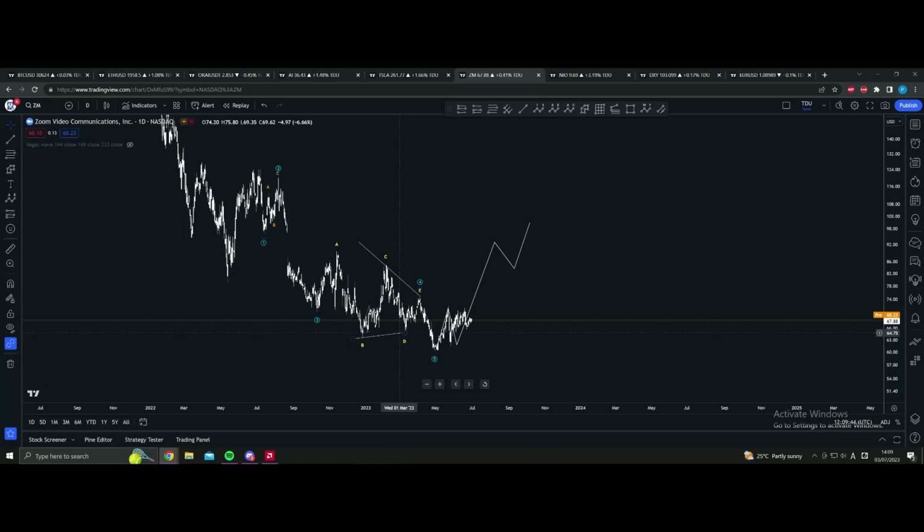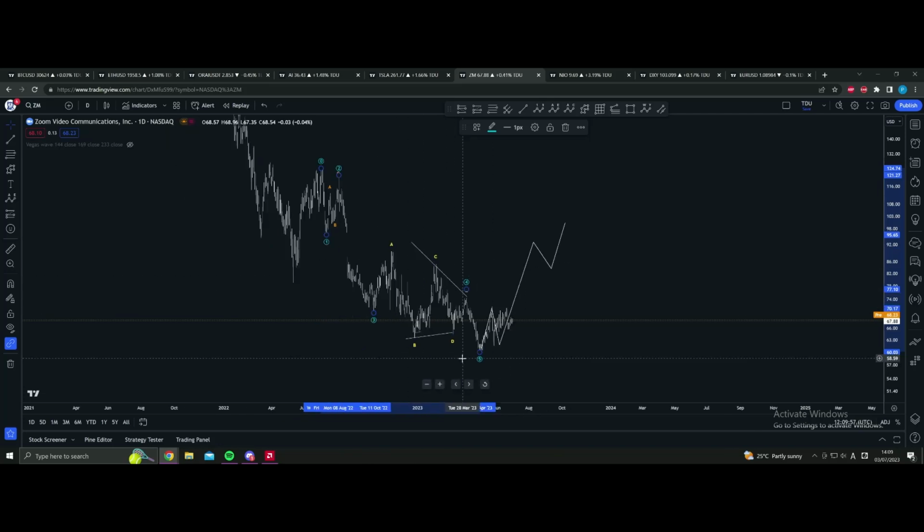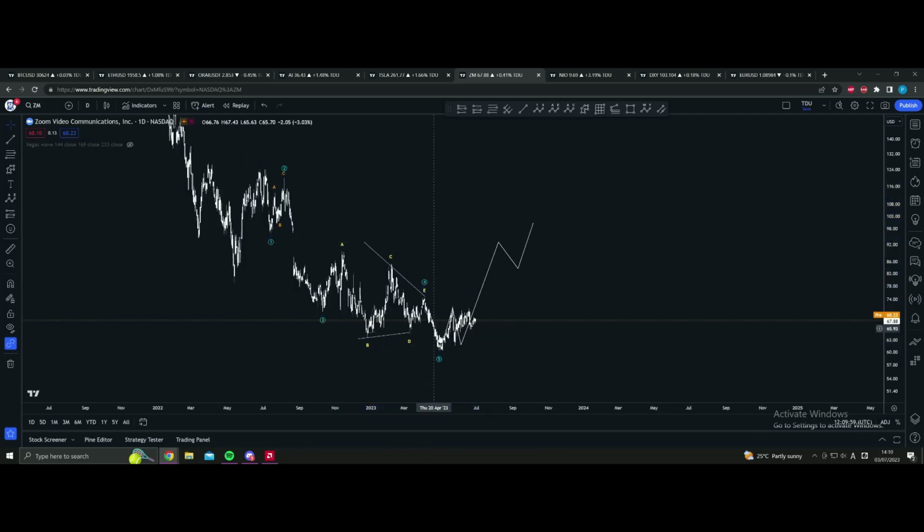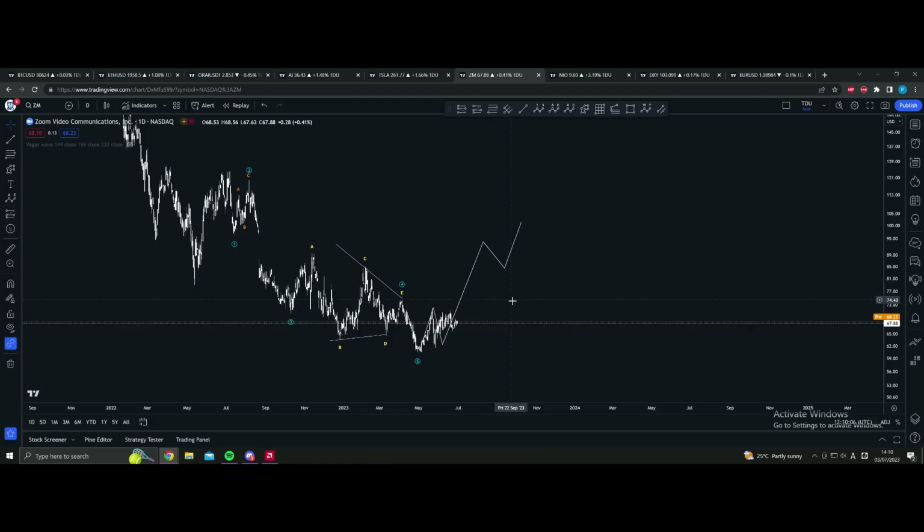And when you look at the wave 5 and wave 1, there's a similar length in those two. So you could call this being the end of the bear market when it comes to Zoom. However, before I see that, as I said, I don't care about this stuff.